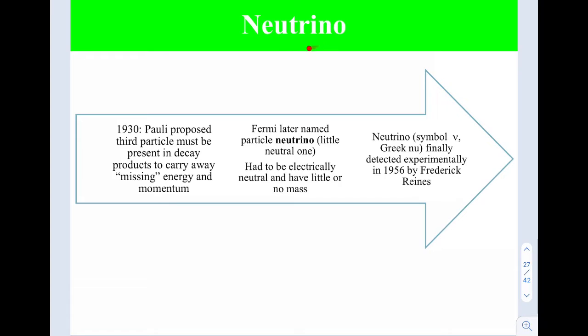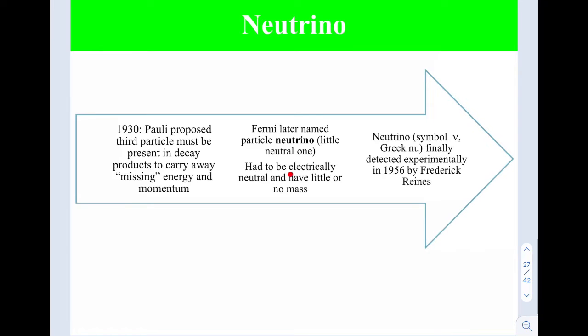Then scientists figured out about another element known as the neutrino, to complete the decay process for beta particles. It begins in 1930. Pauli proposed that a third particle must be present in the decay products to carry away the missing energy and momentum. And Fermi later named the particle neutrino. What does neutrino mean?